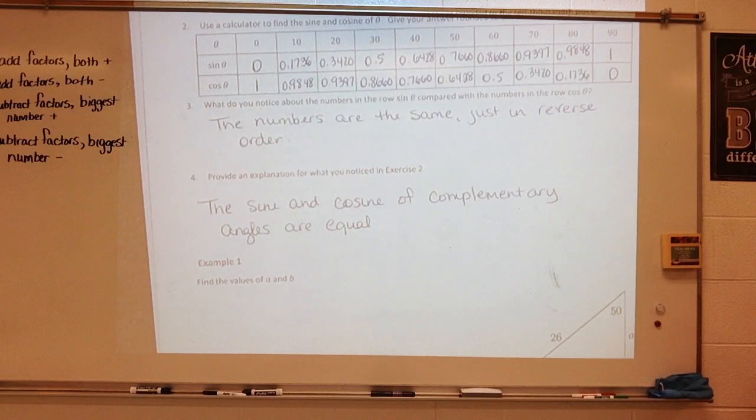Alright. Find the missing value of A and B. Alright, now we know how to calculate sine and cosine of a given angle. We can use the decimal value of the ratio to determine the unknown side length of a triangle. So what can we do to find the length of side A?